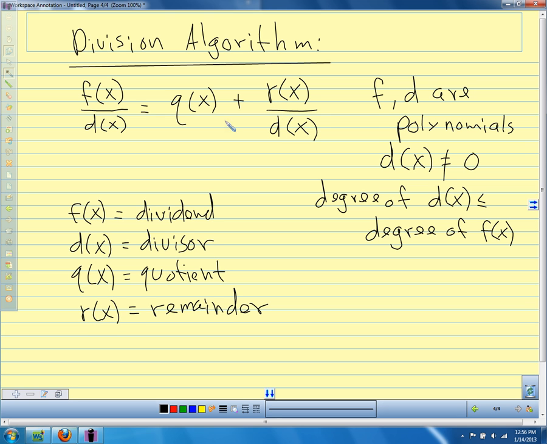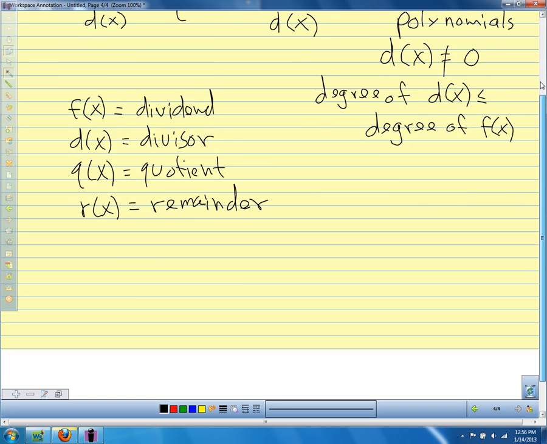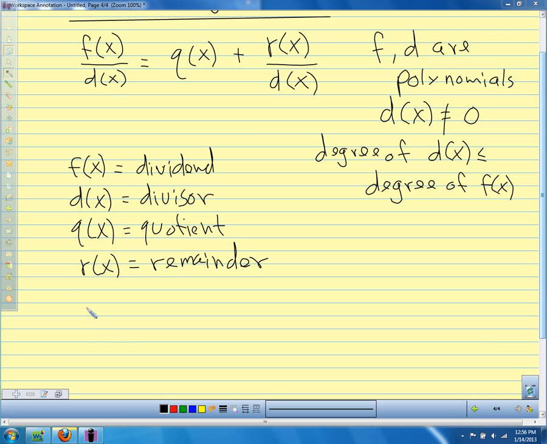Now if I multiply both sides of this equation by d of x, so I'm going to multiply everything by d of x, I can rewrite that equation as f of x equals d of x times q of x plus r of x.